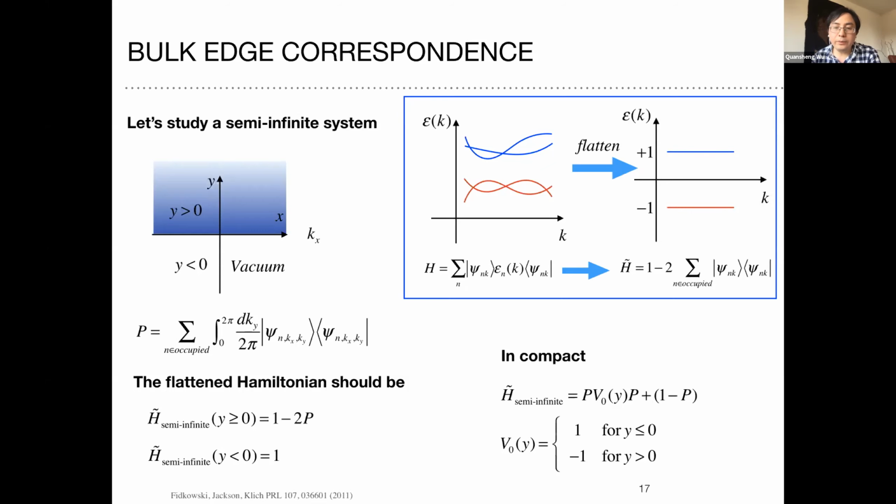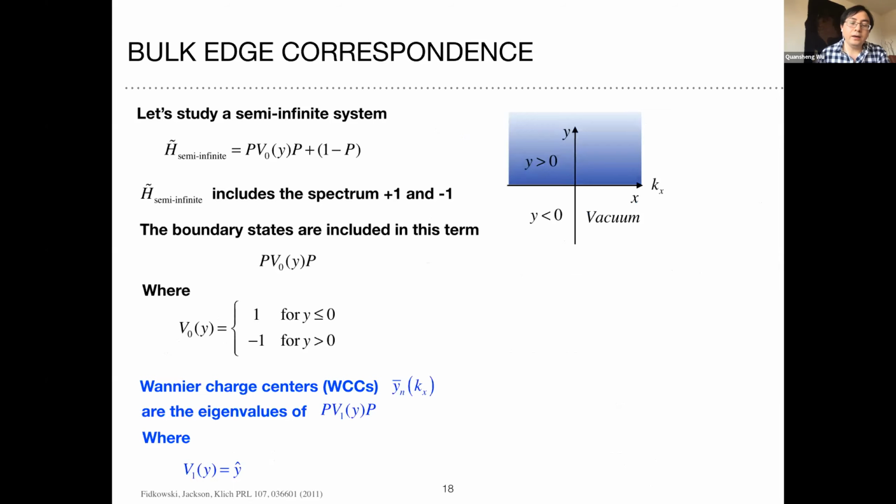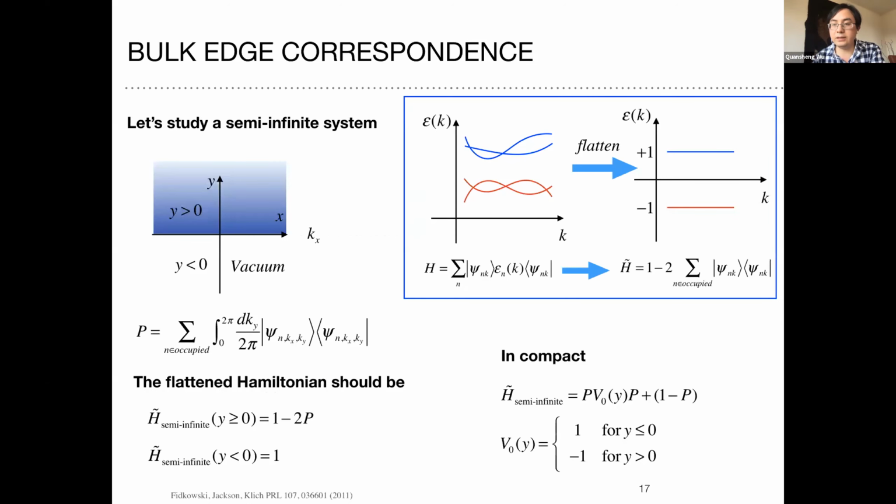Then let's try to study the spectrum of this semi-infinite system. We will see that this Hamiltonian includes the spectrum for this one, and also for the other one.